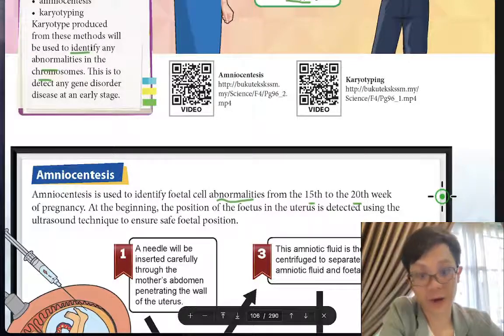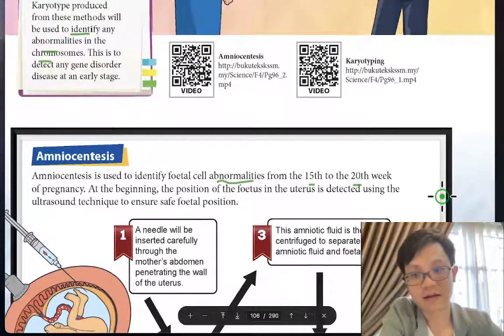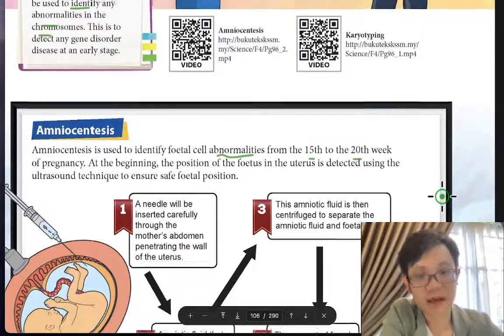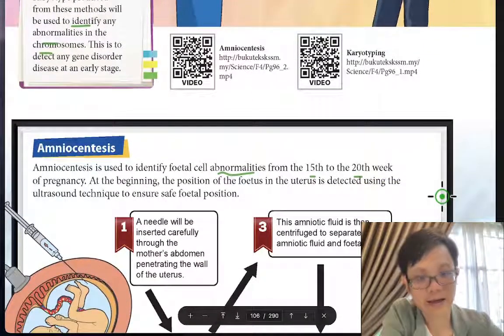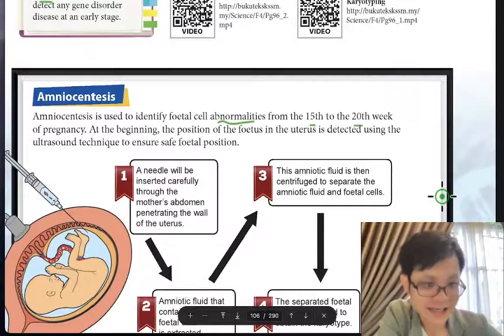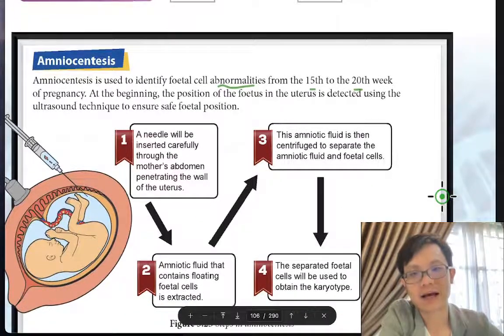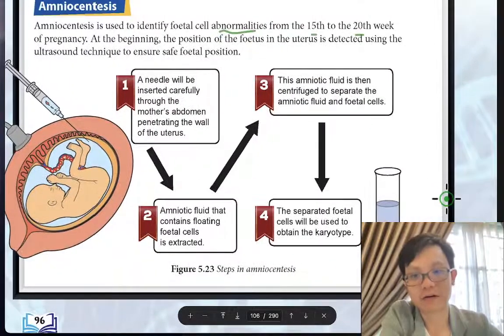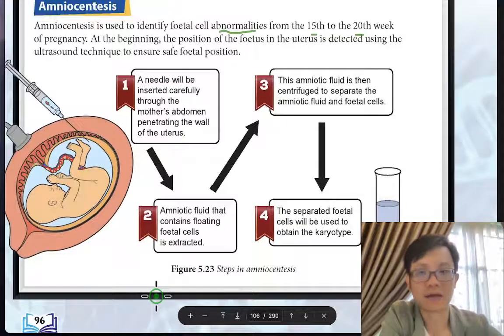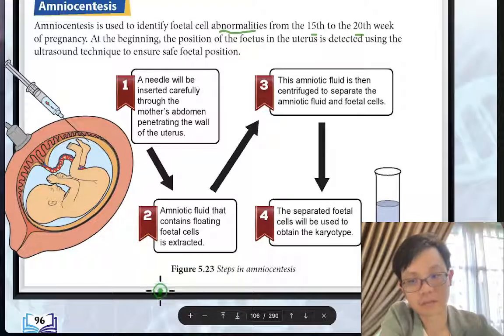So the parents will know whether the baby has a problem, maybe Down syndrome, hemophilia, thalassemia, and so on. But of course the exam will not ask one question like this. Maybe we'll ask in a KBAT question whether a parent should abort the baby.